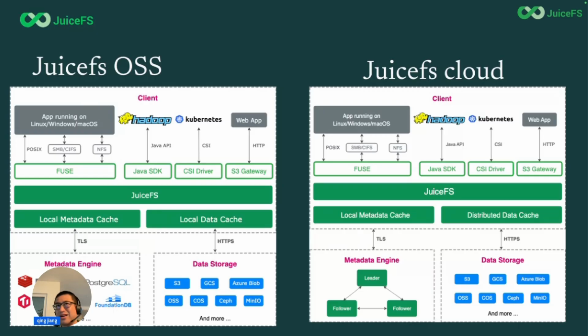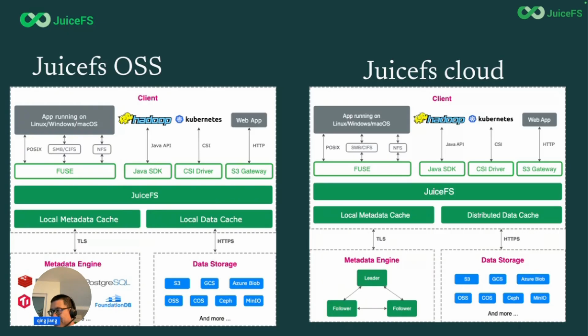In fact, according to our data, the meta engine is about 10 times faster than the ones used in open source, like Redis or some SQL databases. So it's a high-efficiency meta engine, and it also has other nice features built for enterprise.